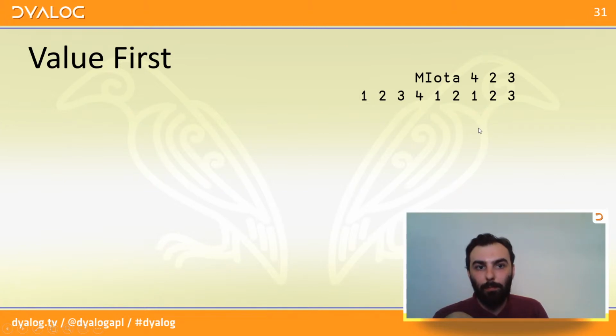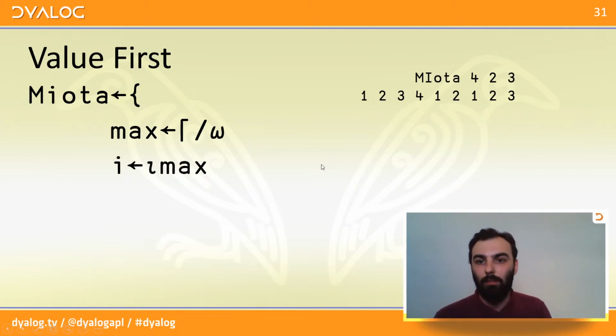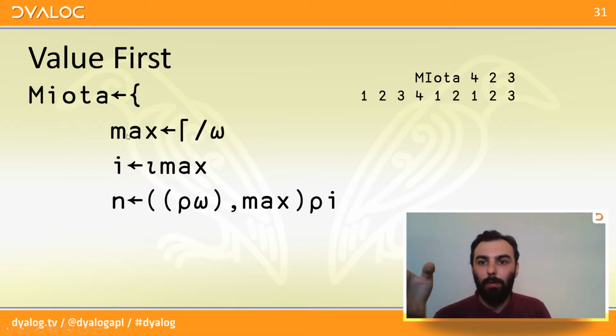The problem posed in this paper to demonstrate value first and shape first is we're going to give a vector argument to an index generator, and we want to generate a sequence of these index runs. So give me 1, 2, 3, 4, 1, 2, 1, 2, 3. I've converted it into a dfn and slightly modernized the way it looks, but this is from that paper. We start by generating the maximum length run, so 1, 2, 3, 4.